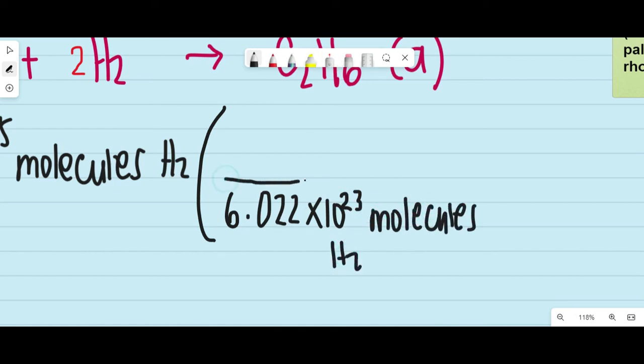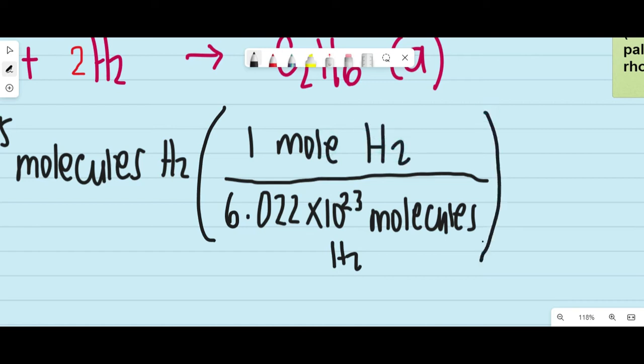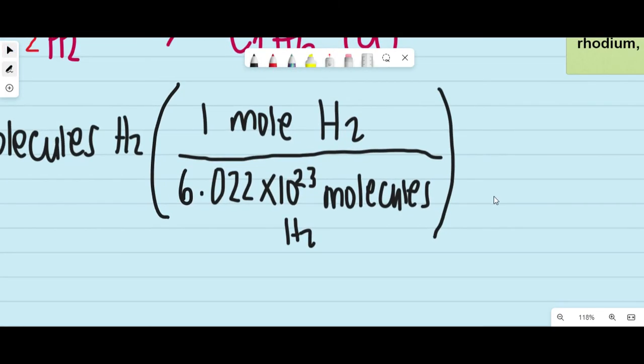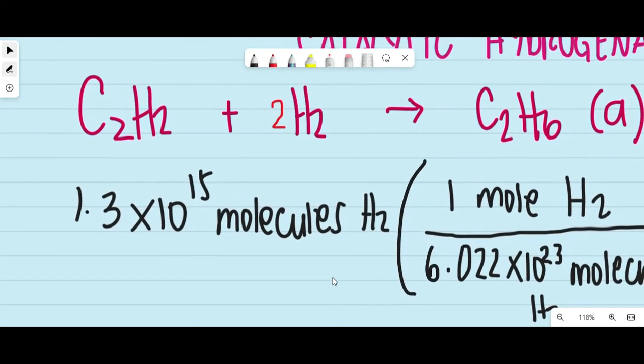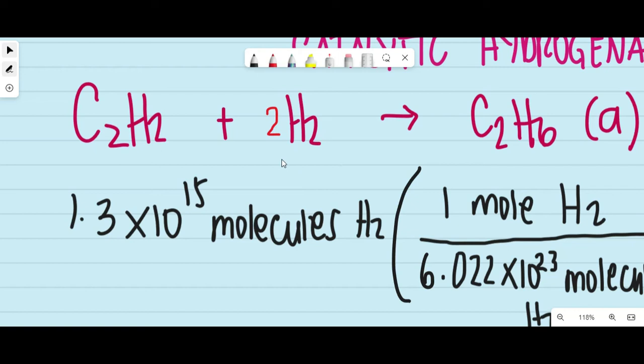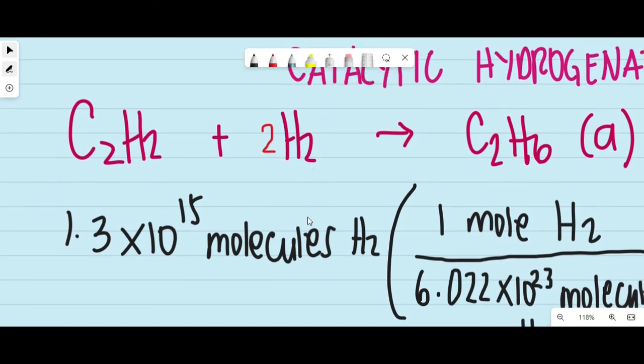That's also just a trivia: that's why it's called the chemist's dozen, because for every mole of substance, that value doesn't change. That value is constant, so it's basically a conversion factor. So now that we have the unit mole, we proceed to look back at our equation. What we're looking for is the molecules of C2H2, or acetylene. And what this equation tells us is that if we have two hydrogen, it's equivalent to one acetylene.